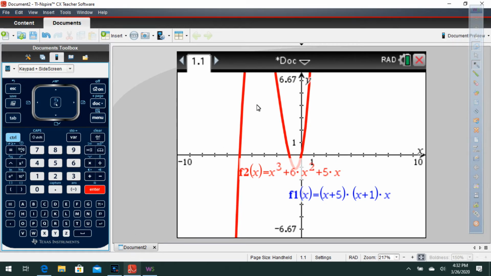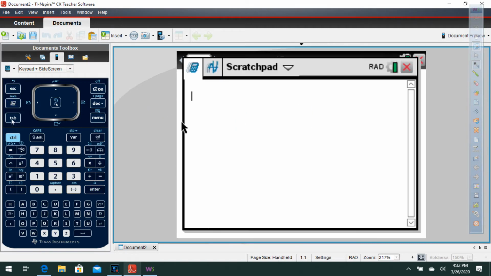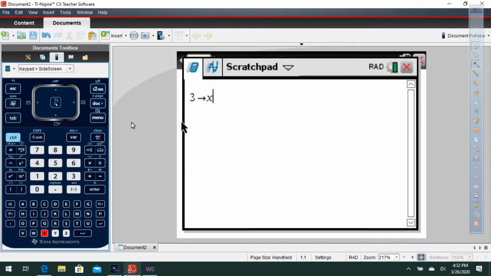Now, if you have a multiple choice test, you can use 3. You have to make sure that you use a prime number, and we're putting 3 in for x.